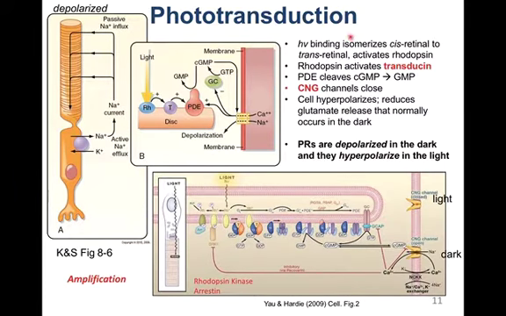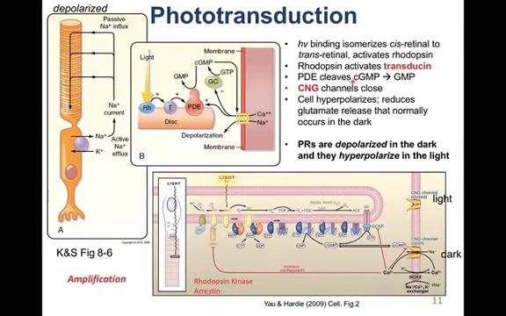This is always true, so write it down now: in the presence of light, photoreceptors hyperpolarize. In both rods and cones, when they hyperpolarize, that will reduce glutamate release. That should make sense, right? When we depolarize, voltage-gated calcium channels open, and we exocytose neurotransmitter.